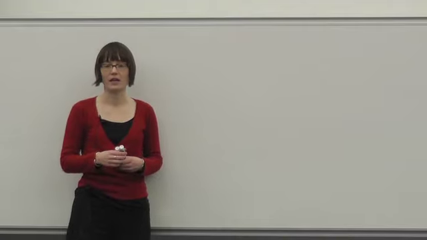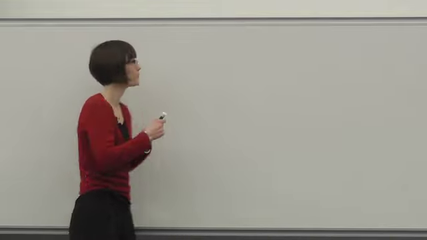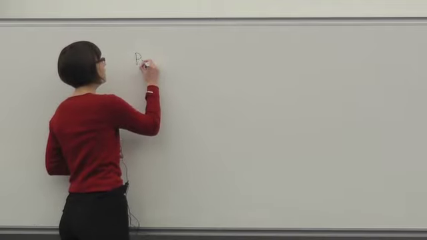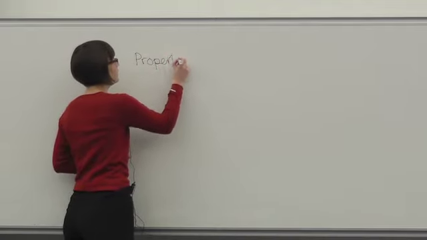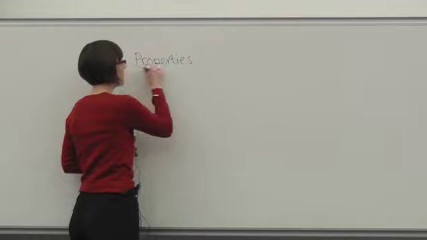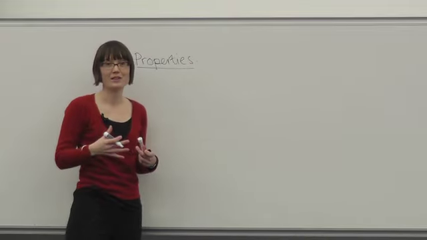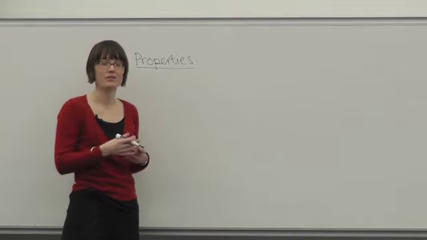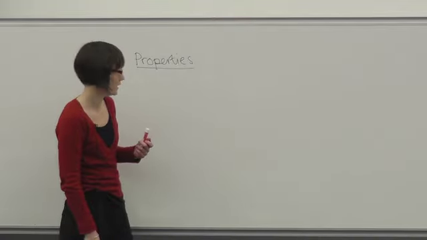Okay, so we've seen how to define vector addition and scalar multiplication, and I'd just like to finish this section by mentioning a few properties that these operations satisfy. They satisfy lots of very nice properties, so I'm just going to mention a few of them as an example.